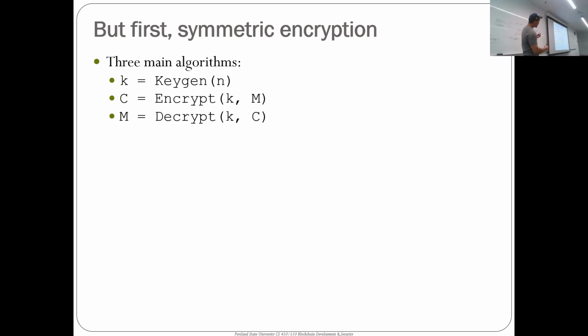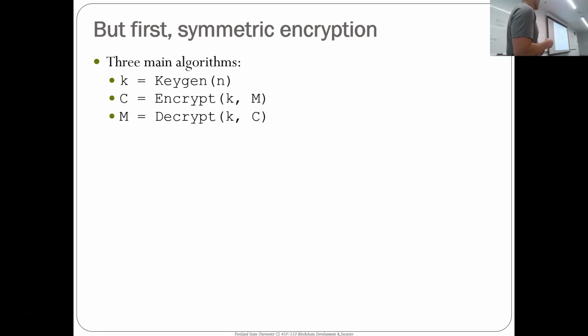Okay, so in order for me to explain what's going on with TLS, I need to talk about different styles of encryption. The first thing is symmetric encryption. The symmetric encryption algorithm is fairly easy. It's got three main algorithms. It's got a key generation algorithm that produces a random key. It could be a random number generator as part of this.